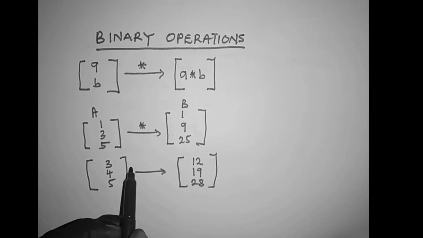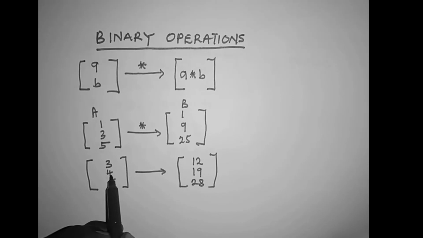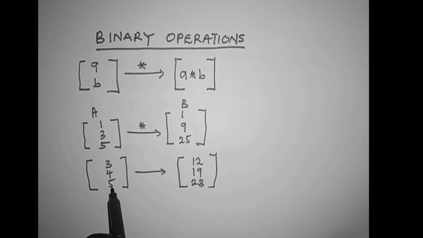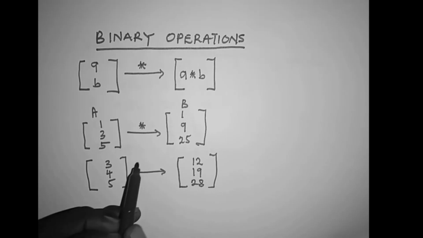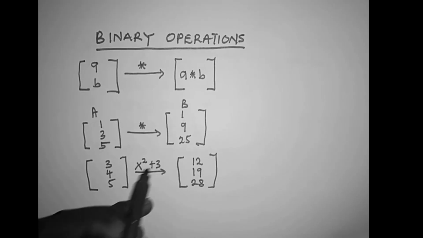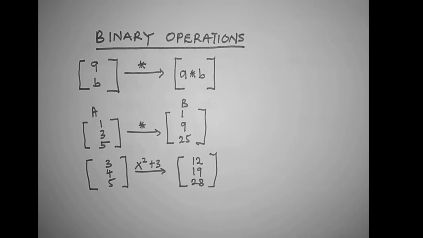And if we add 3 to 9, 9 plus 3 is 12. If we square 4, you get 16. 16 plus 3 is 19. If we square 5, it's 25. 25 plus 3 is 28. So the operation is x squared plus 3. That is how this binary operation is defined in this case.